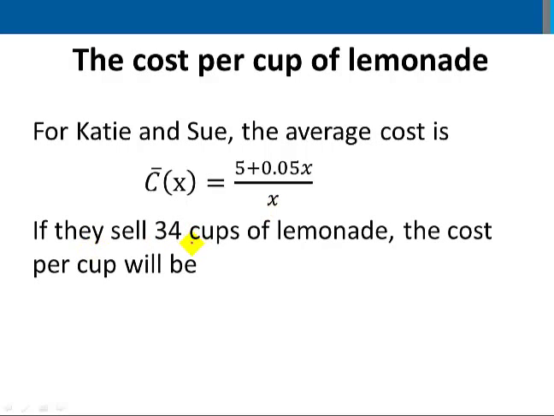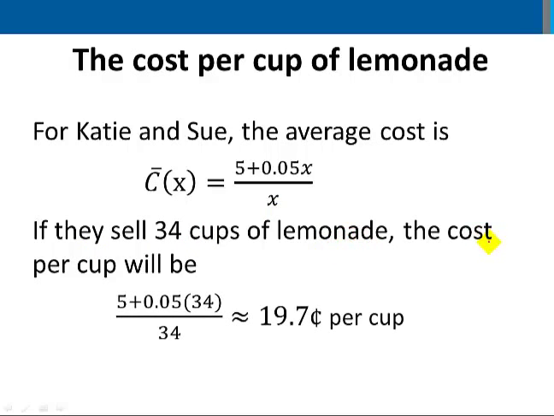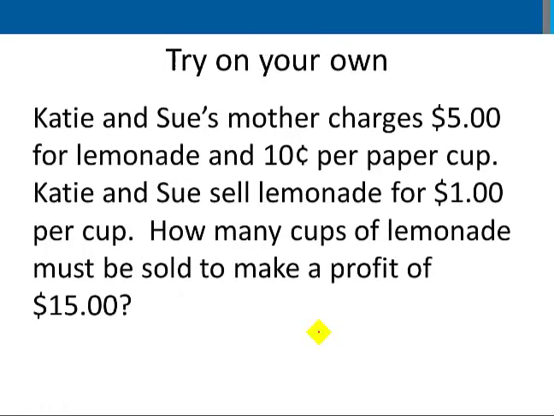If they sell 34 cups of lemonade, which they would do to make their $10, the cost per cup will be 5 plus 0.05 times 34 divided by 34, which is approximately equal to 19.7 cents per cup. And notice if they sold a different number of cups of lemonade, this would change a little bit. So the cost per cup is dependent on the number of cups that are sold.